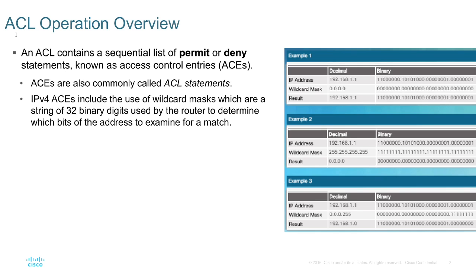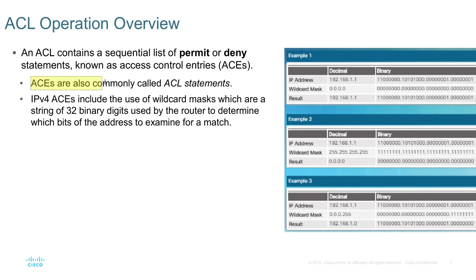When we talk about access control lists, they are basically a sequential list of permit or deny statements. We will call each of these statements an access control entry, or ACE. So we will have a list of access control entries, and each access control entry would say what is permitted or what is denied.